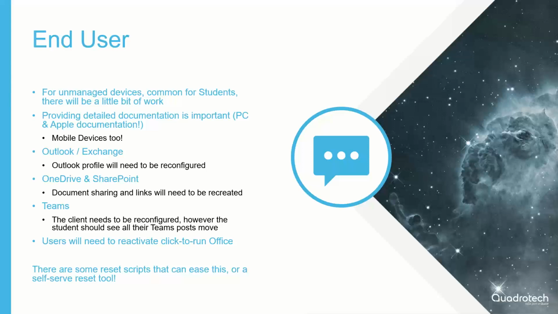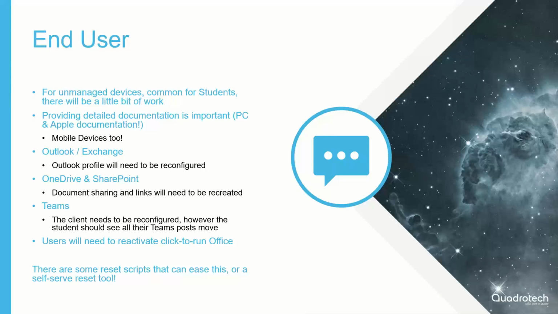OneDrive and SharePoint are very key in this case, because a lot of the collaboration between students may be in a team project, or with faculty. Prior to their migration, if their tenants were separate, the documents being shared would be external links, and anything shared with their students internally would have been internal links.